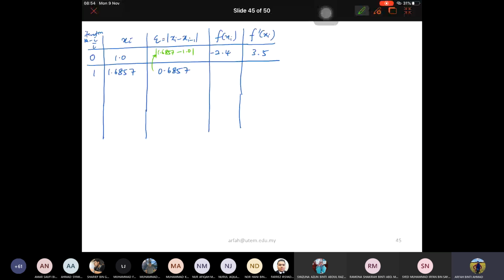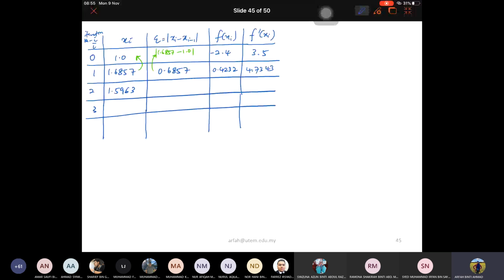So this one tadi dah kira 0.4232 dan 4.7343. Okay. Dan untuk iteration yang kedua, awak kira dia dapat 1.5963. So calculate sampai dapat jawapan yang error dia sama. Sampai dekat error awak ni, tadi soalan tu minta 0.001.